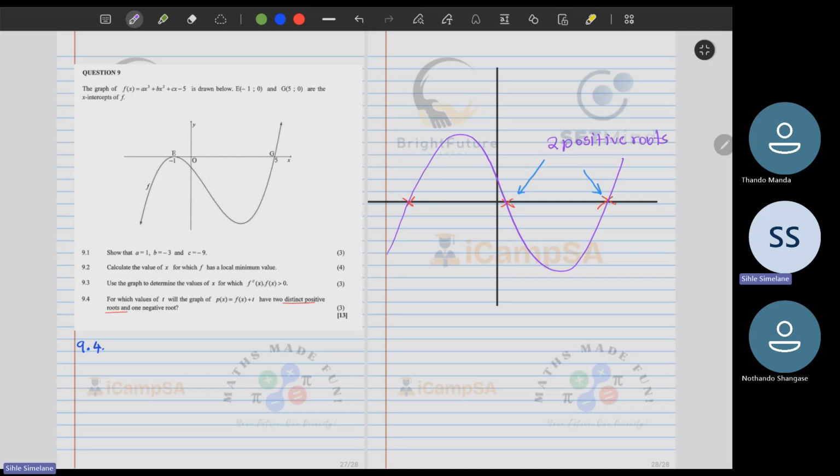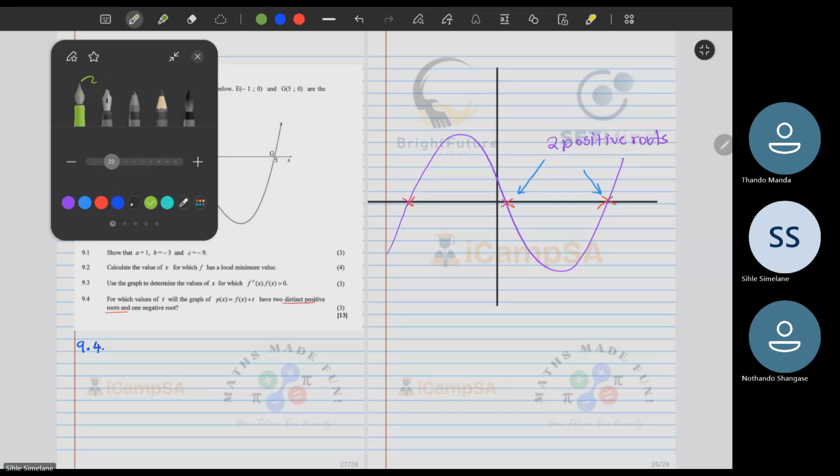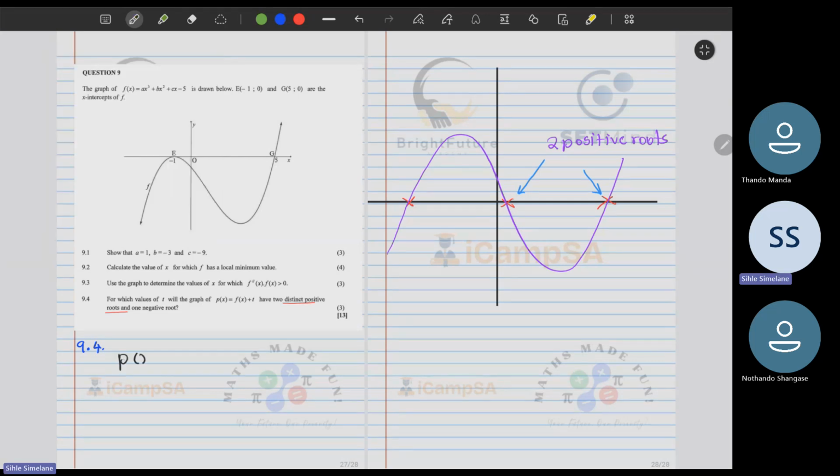So we must be able to raise our graph up, but raise it up such that we have these two distinct roots. And the t, if you look carefully, we have p of x equaling f of x plus t. This t here speaks to a vertical shift.